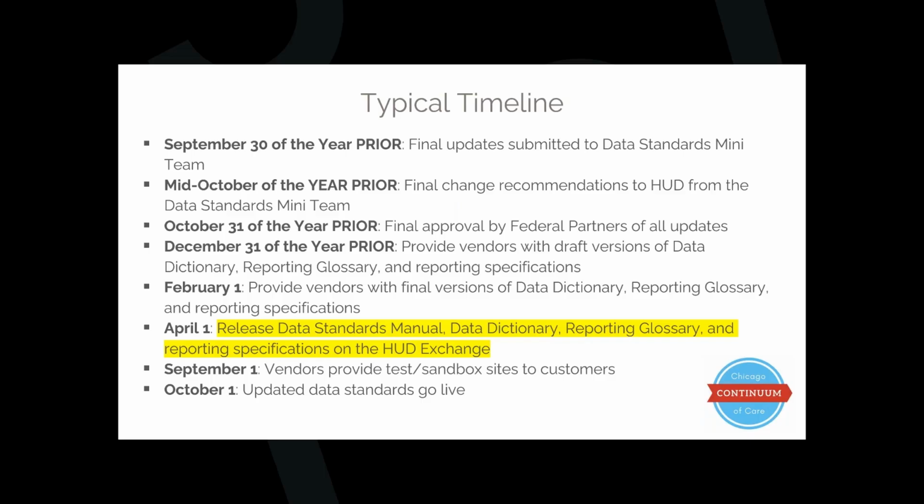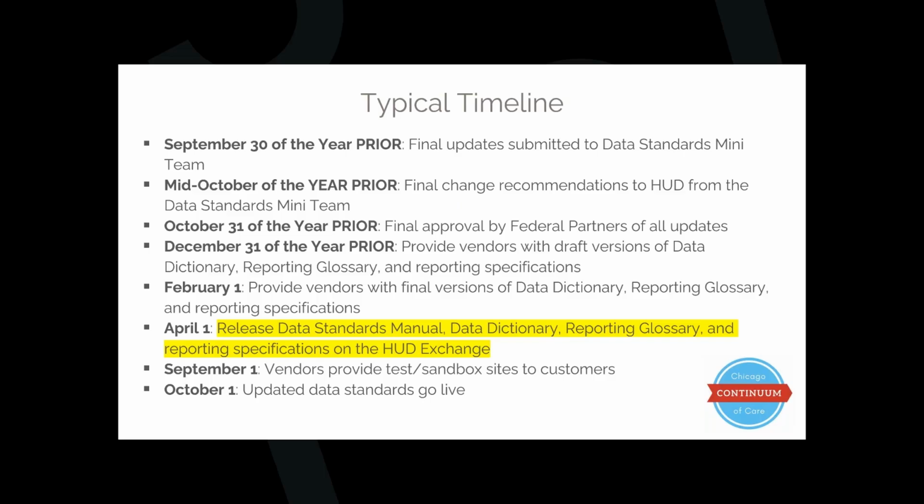February 1st, vendors are provided with the final version of the data dictionary, reporting glossary, and reporting specifications. So at that time, vendors are able to begin working on implementing those changes into the system so it could be ready to go live for October 1st.